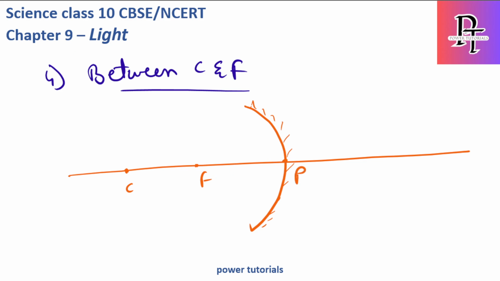Now I told you the object is between C and F. So here we have the object, and let's mark it AB. As I told you, I always consider the first incident ray as parallel to the principal axis, and it will be reflecting. How? If it is parallel to the principal axis, it should be passing through the focus.